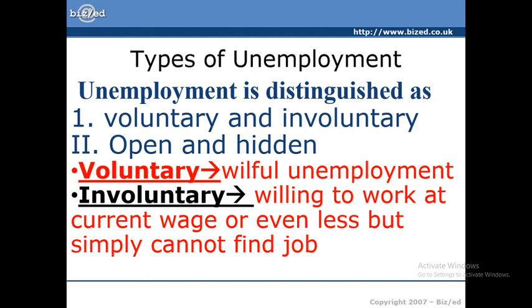The second type of unemployment is involuntary unemployment. This is the major problem every economy faces. People are willing to work at the current wage or even less, but simply they cannot find a job. These people are qualified, willing to work at the current wage or even less, but they cannot find a job at the prevailing wage rate without any delay.